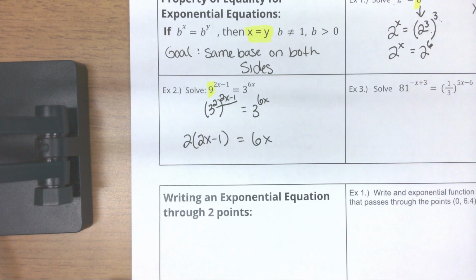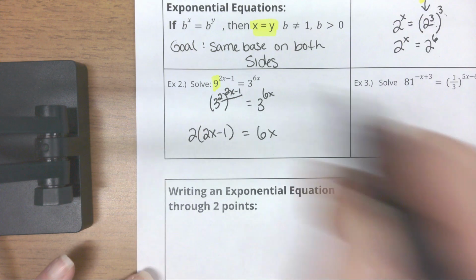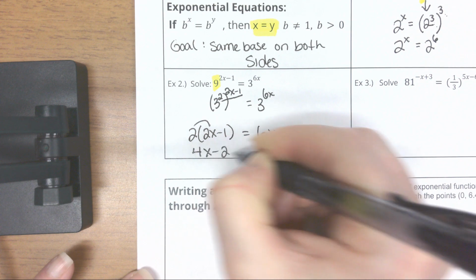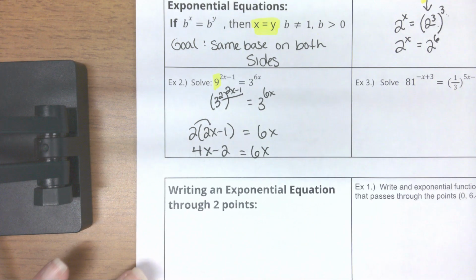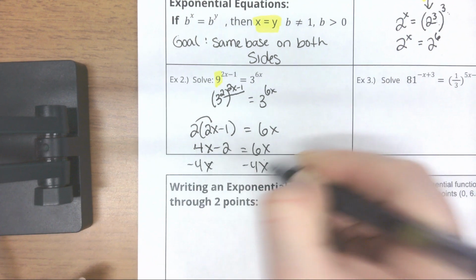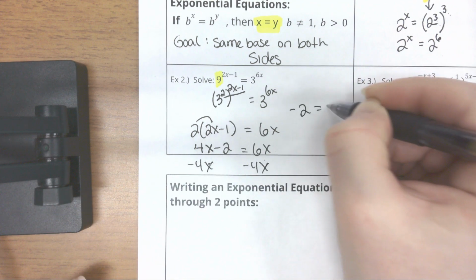All right, now we're going to solve. What should we do? We're going to distribute. So this is 4x minus 2 equals 6x. Move the 4x to the other side. We have negative 2 equals 2x.